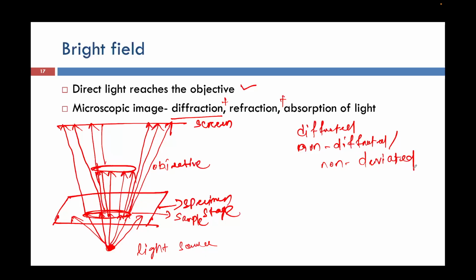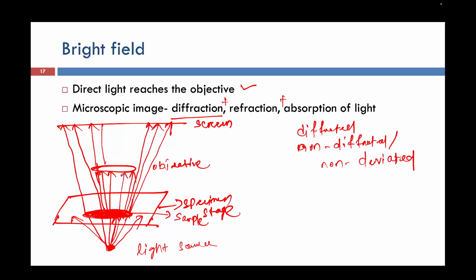After interaction of the beam with my sample, some rays will be diffracted and some rays will not be diffracted.